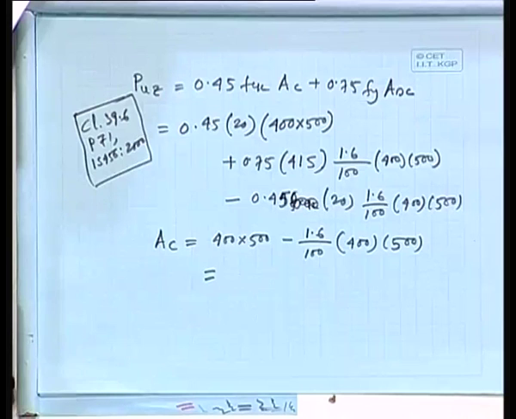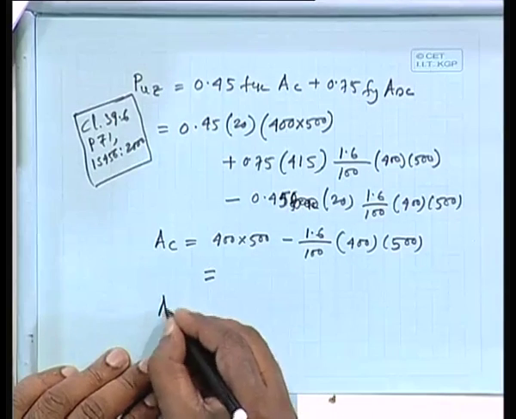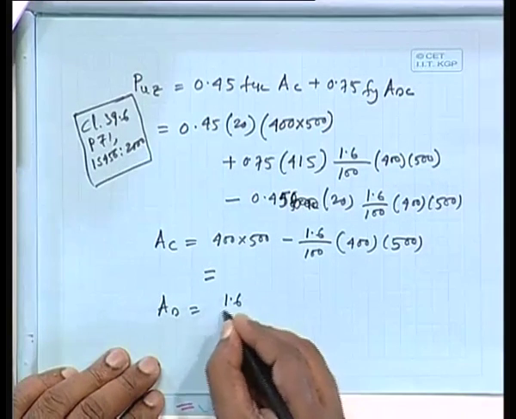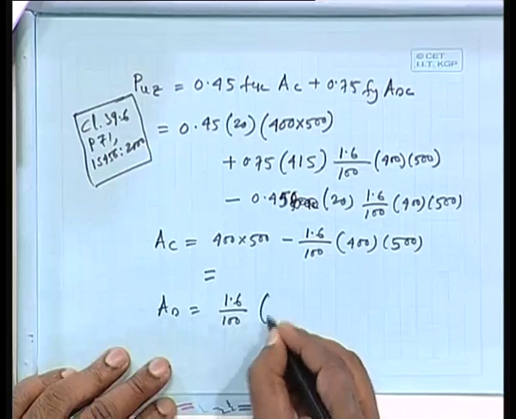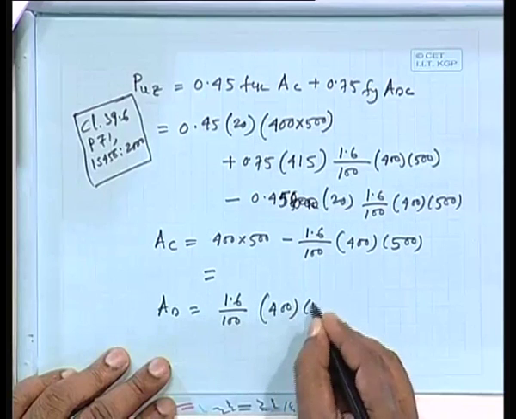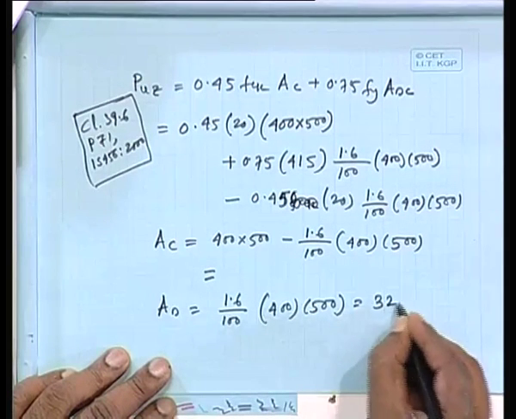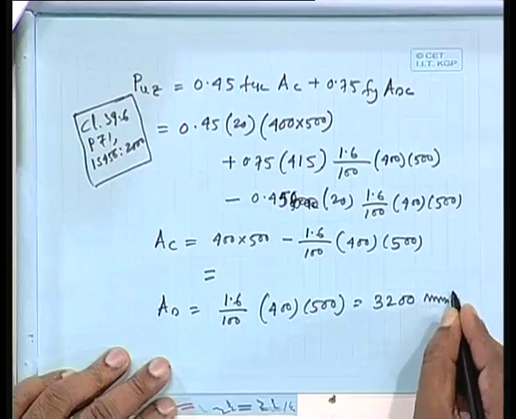So area of steel is equal to 1.6 by 100 times 400 times 500, which equals 3200 square millimeter.